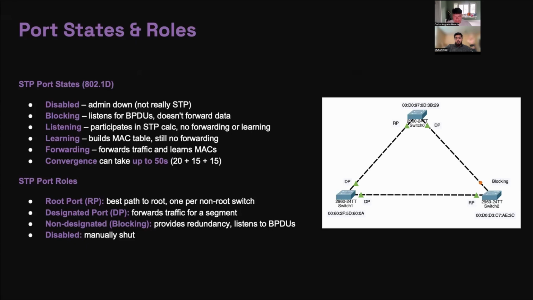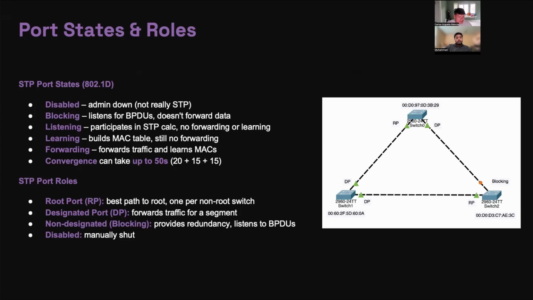So in this triangle topology, if we don't block anything, by default, when a PC connects, whatever, and a broadcast is initiated, it's going to go forever. It's just going to keep going in the loop. We had to block one of the links to stop that. And due to the STP calculation in this particular topology, it found that on switch 2, you will block the second port, the one that is named blocking in the picture.